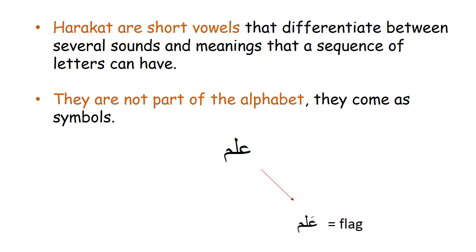First, if we put a fatha above the first letter, it is called alam, which means flag. But if we put a kasra underneath the first letter, it becomes ilm, which means knowledge. Of course, we did not change only the first vowel here, but we are trying to simplify things in order for you to get the gist of it.